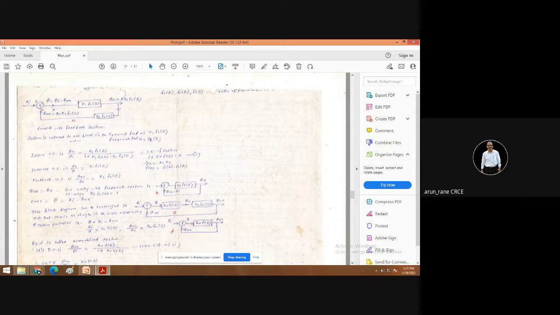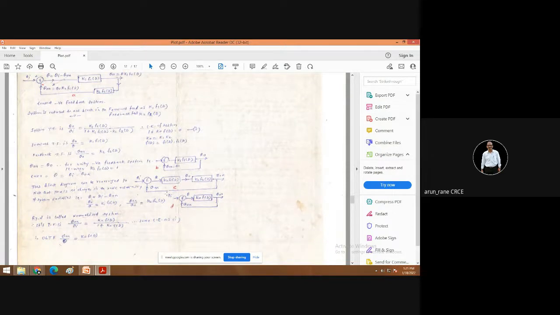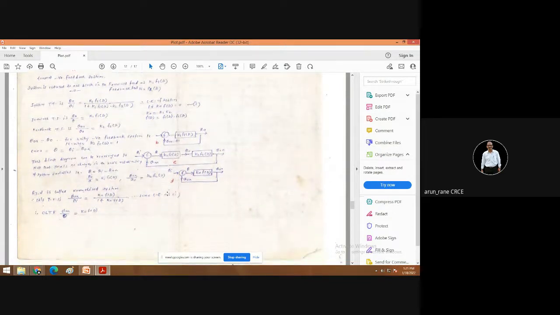In this example, forward transfer function is k1 f1(d) and feedback transfer function is k2 f2(d), right? This is the way how you can rearrange this forward and feedback.